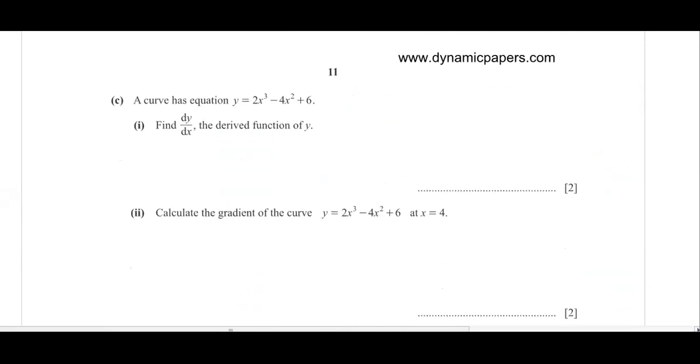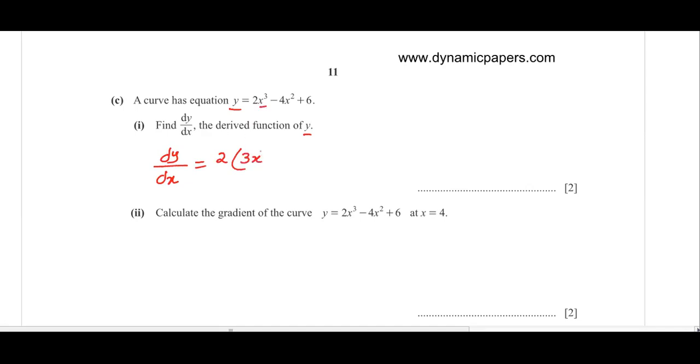Okay, part C for this one. The curve has this equation. So find the dy over dx, the derived function of y. Dy over dx we have to find. We learned already the power rule will be applicable here to find the derivative of this one. So what will be dy over dx? It will apply the 2 as it is and apply the power rule for x cubed.